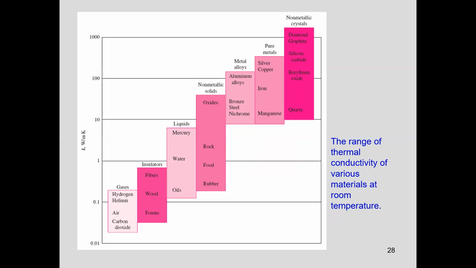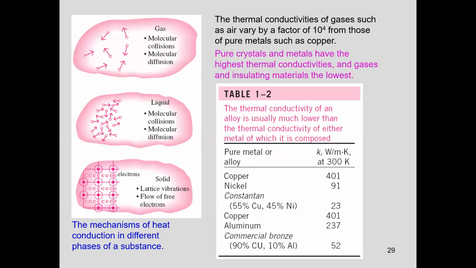Now, gases seem to have quite bad conductivity. The thermal conductivities of gases such as air vary by a factor of 10 to the power 4 from those of pure metals such as copper. The pure crystals and metals have the highest thermal conductivities, and gases and insulating materials have the lowest.